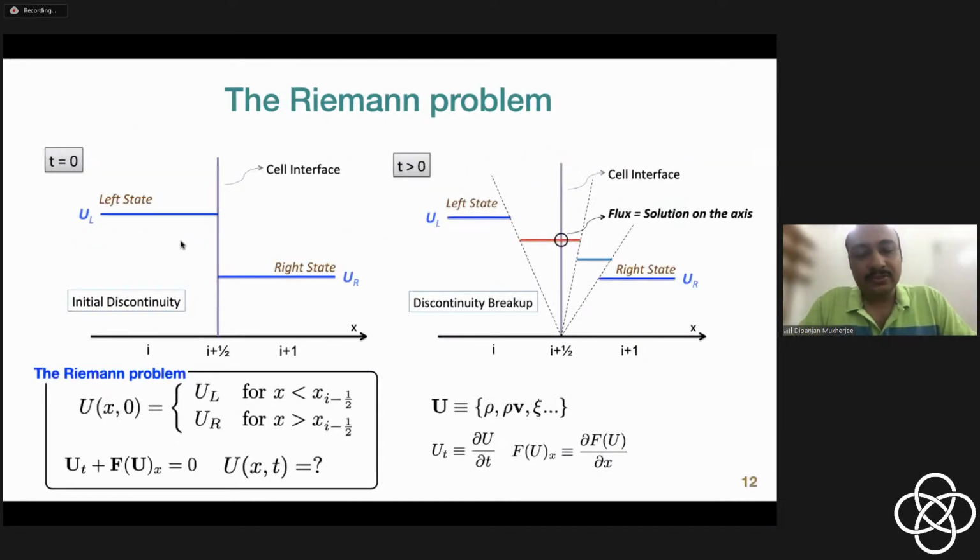The Riemann problem states that if you have an interface where you have a left state of a quantity and the right state of a quantity at a given time t, at a later time, you can find the solution by solving the Riemann problem using the method of characteristics. So if t equals 0, if you have a left state and a right state, which if you remember from the discretized system, these would be the quantities at one of the cells, and this would be the value of the quantity at the other cell.